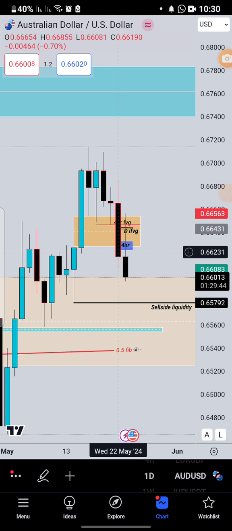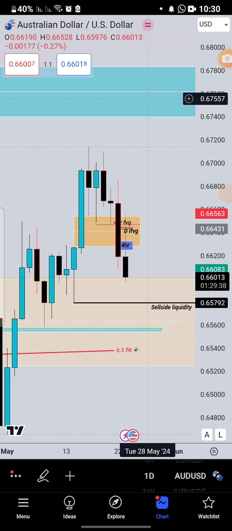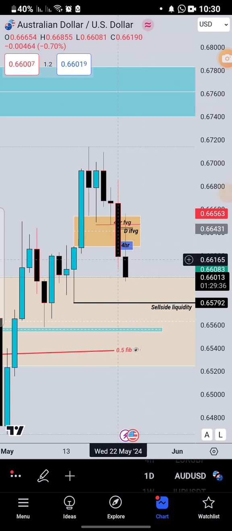And what do I mean by an inversion fair value gap? It is no longer going to support higher prices to this level, but it is going to inverse prices lower, right? And using that analogy, you've seen how today a candle rallied lower, right?